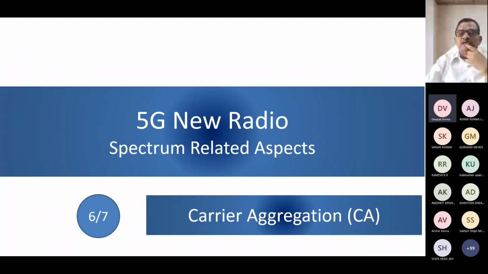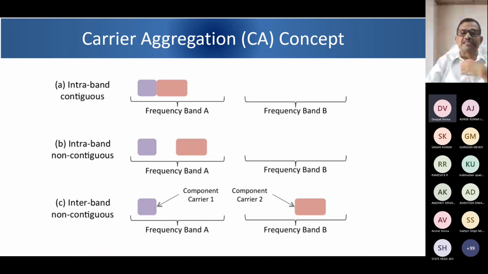Now let us look at the concept of carrier aggregation. It's very simple: in case of 5G, carrier aggregation is possible in all permutations and combinations. The first is intra-band contiguous. Suppose you have a frequency band A and there are two component carriers.